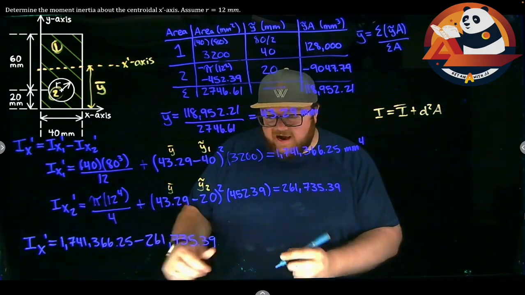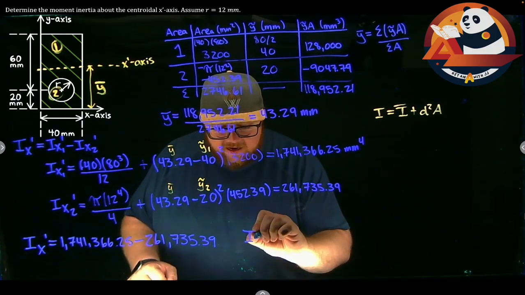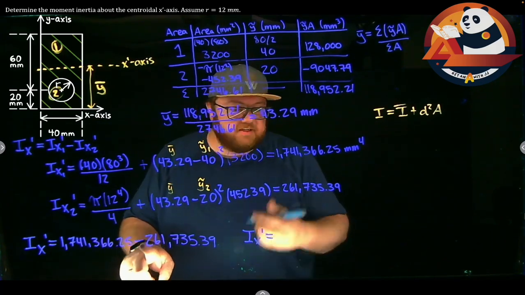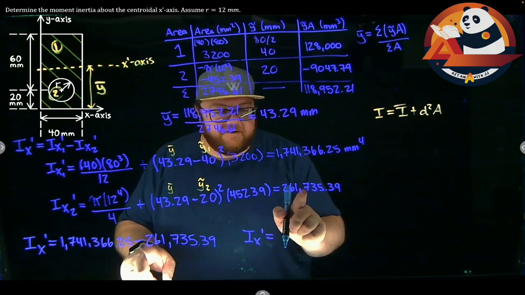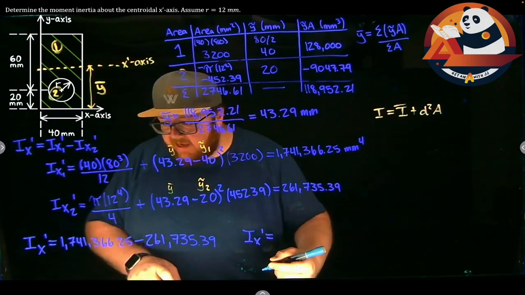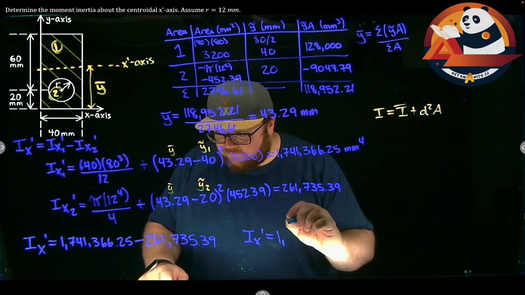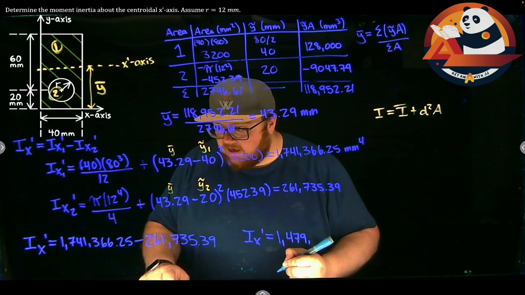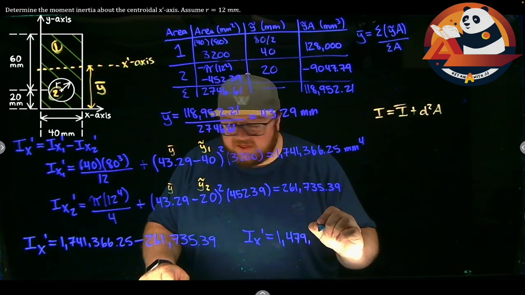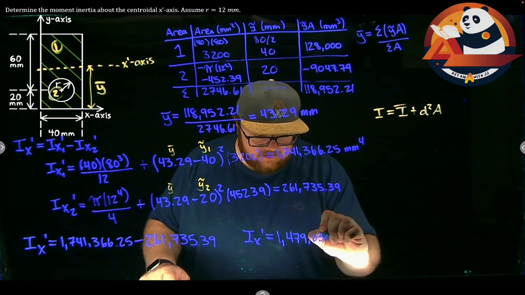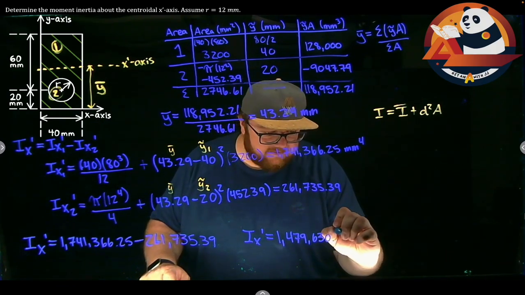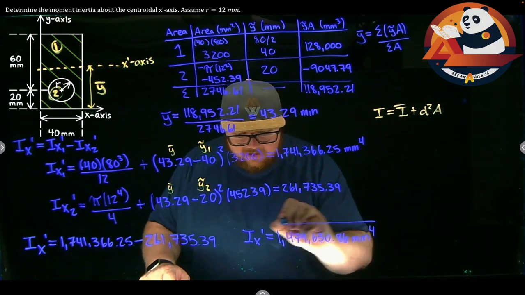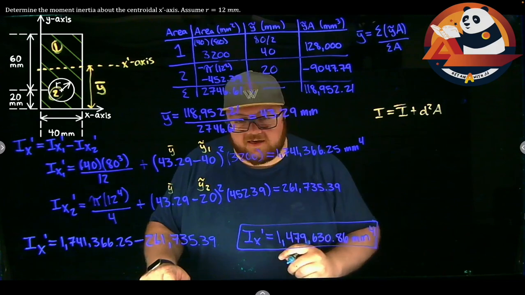And computing that out, I'm going to get my Ix prime for the entire object. Also, I subtracted this because it's really a hole. We know we're subtracting even though we got positive here. But I'm going to get 1,479,630.86 millimeters to the fourth. And that's going to be our final answer for our problem.